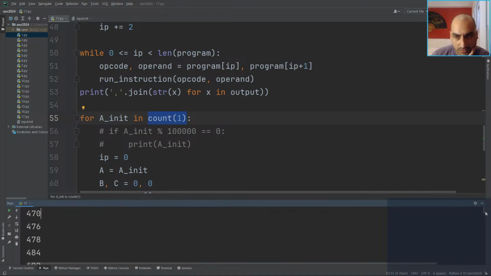So it's not... So that goes up by 8, that goes up by 4, that goes up by 4, goes up by 1.